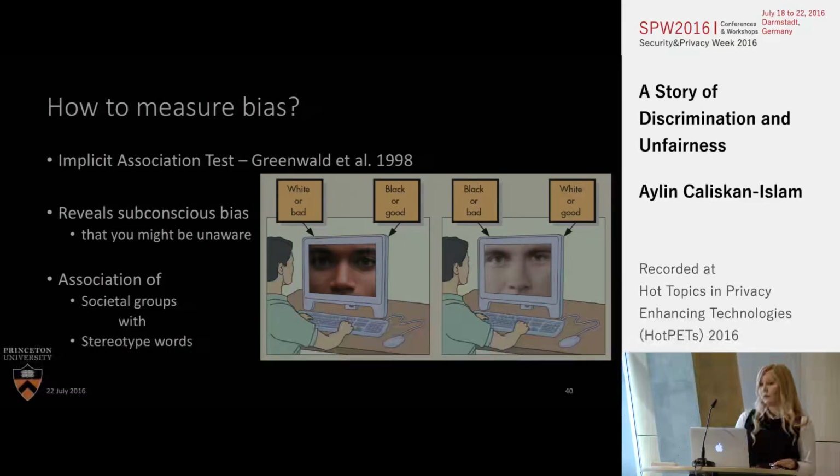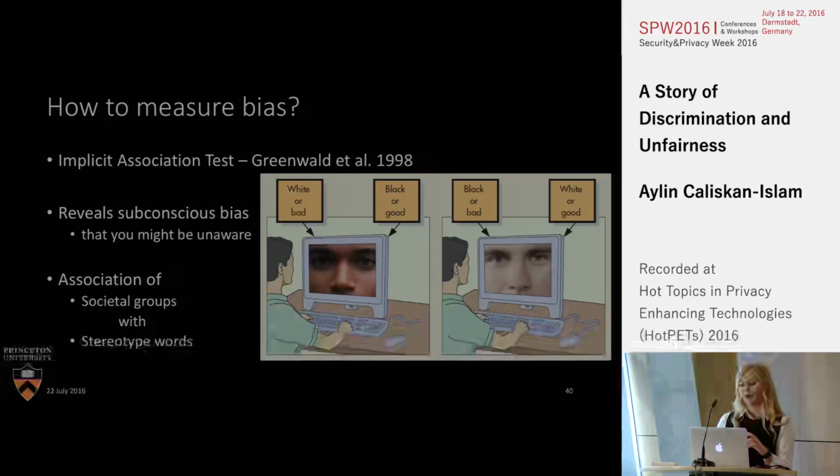And how do we do this? The way to do it is very simple. You have certain societal groups, and then you have certain stereotype groups. And once you start associating the groups with the stereotype words, your latency shows how your brain is biased against certain groups and stereotypes.